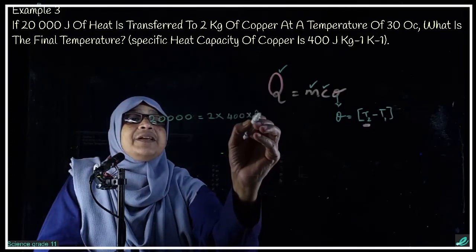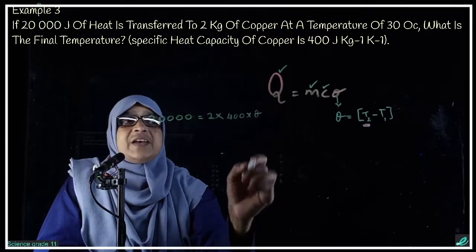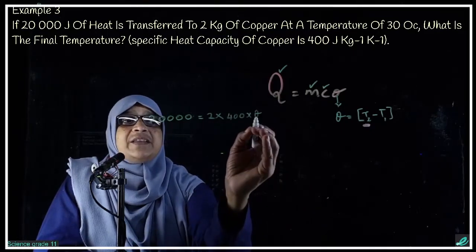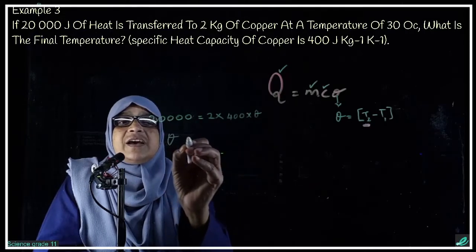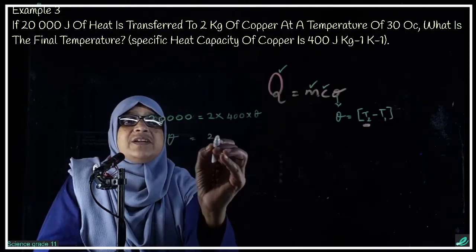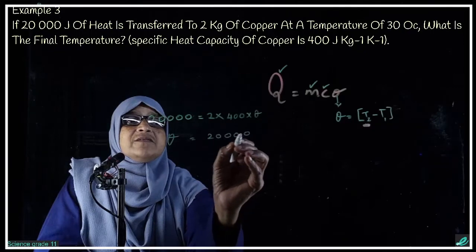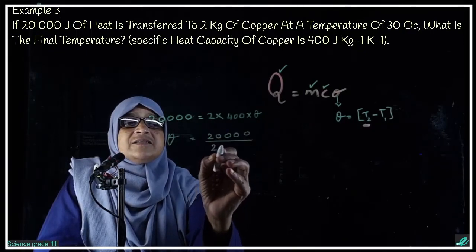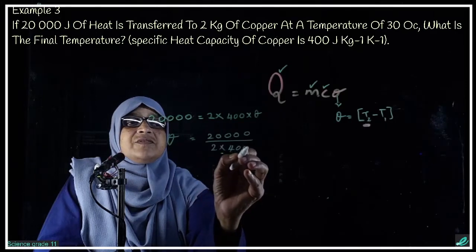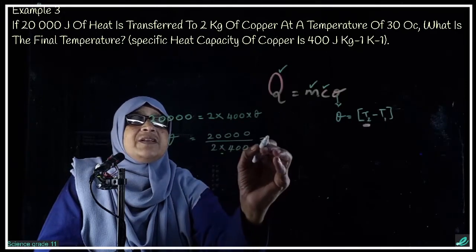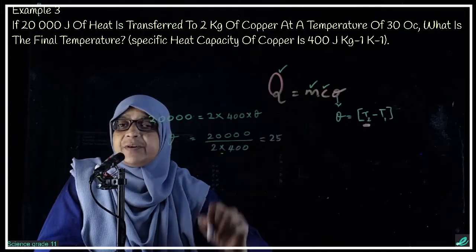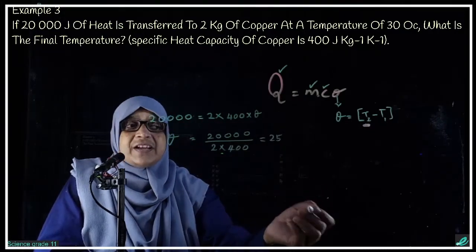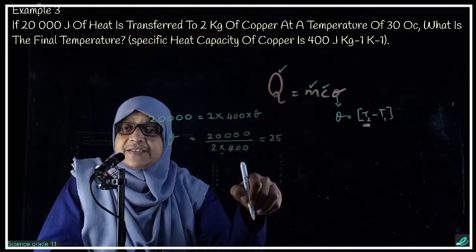And the temperature change theta is the unknown. I bring this unknown to this side, then bring this 20,000 to the other side. This will be 25. So we got this theta, the temperature difference, as 25 degrees Celsius.